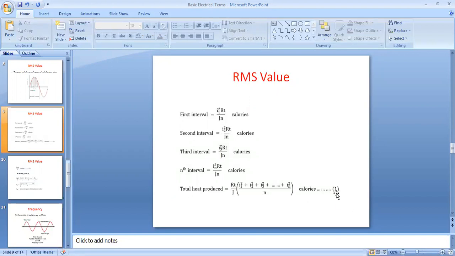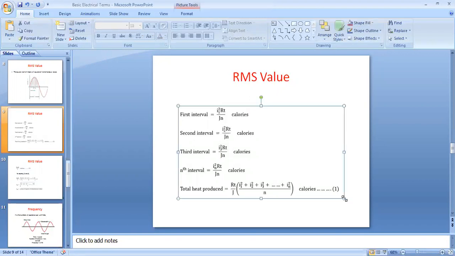Here we have considered this as equation number 1.